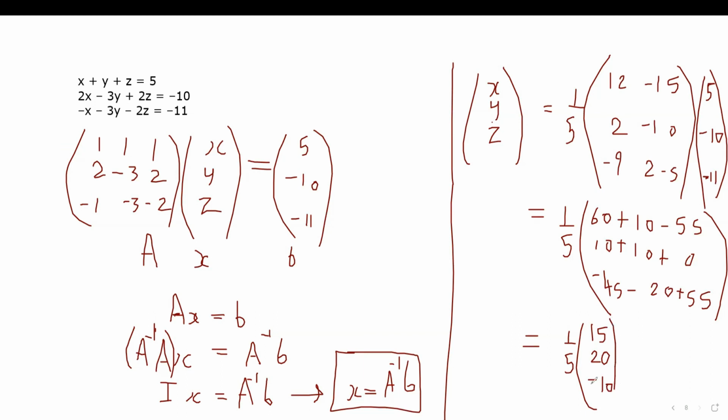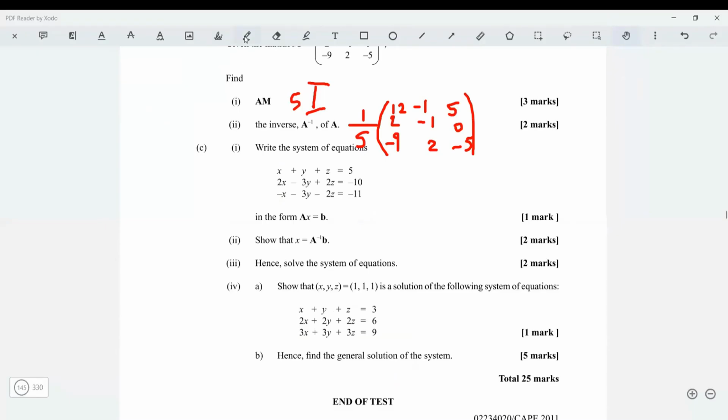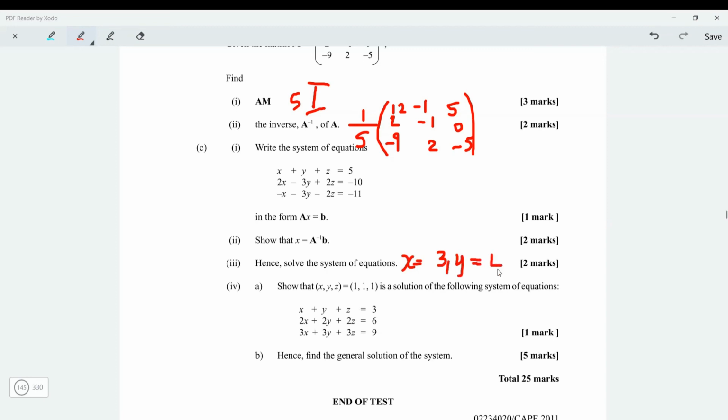Now if you take 1/5 of all of this, 1/5 of 15 is 3, 1/5 of 20 is 4, 1/5 of minus 10 is minus 2. So that means X equals 3, Y equals 4, Z equals negative 2. You can just write that down right here. 2 marks for that.